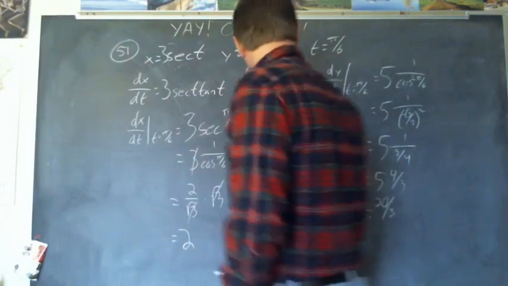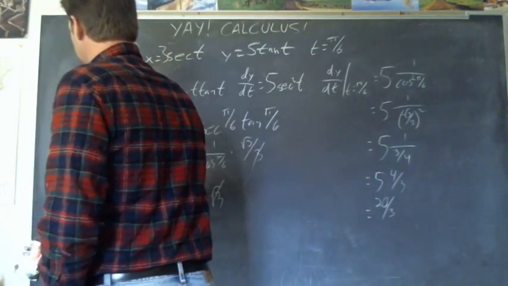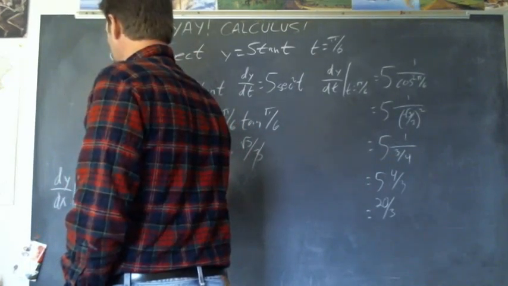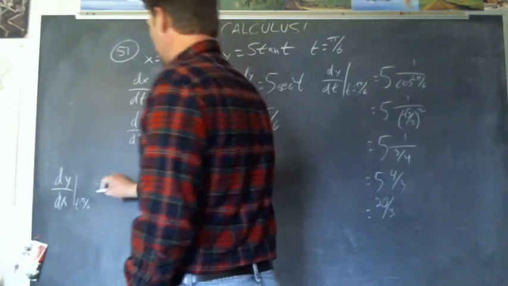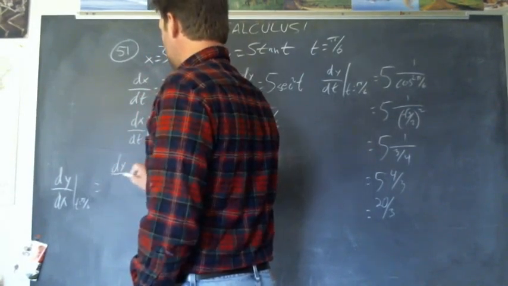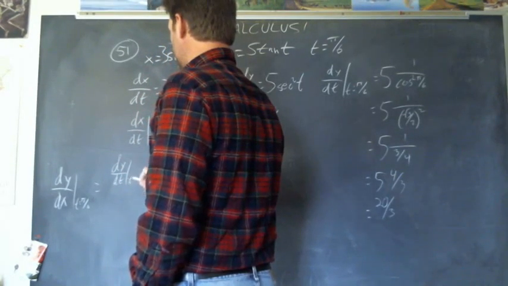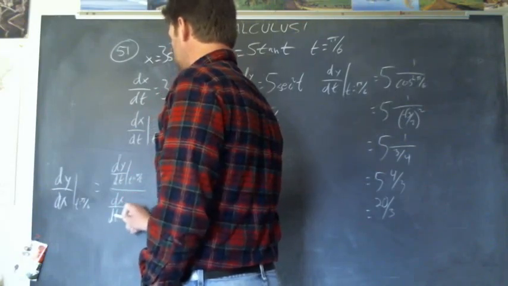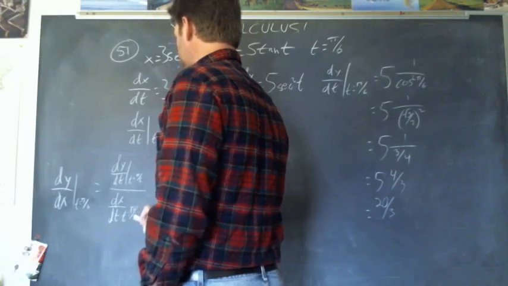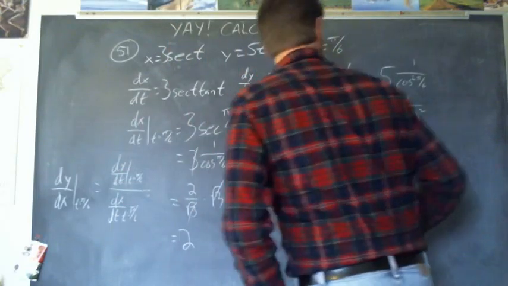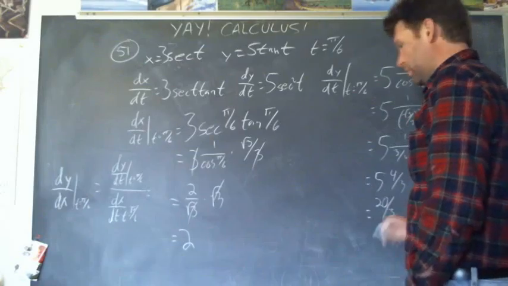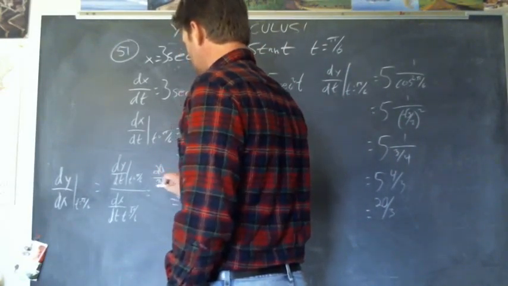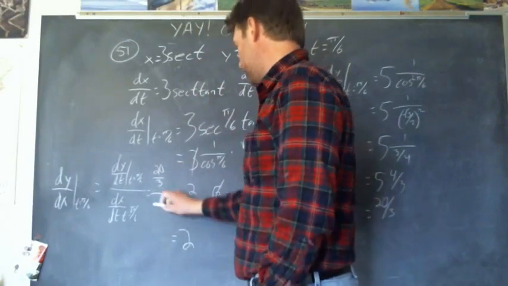We're comfortable with the fact that dy/dx evaluated at t equals pi over 6 is the same as dy/dt evaluated at pi over 6 over dx/dt evaluated at t equals pi over 6, which in our case is dy/dt, 20/3, divided by dx/dt, which is 2.